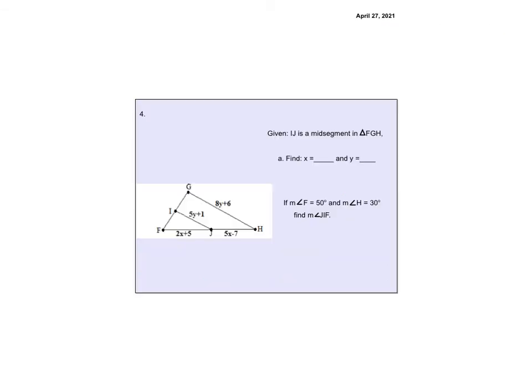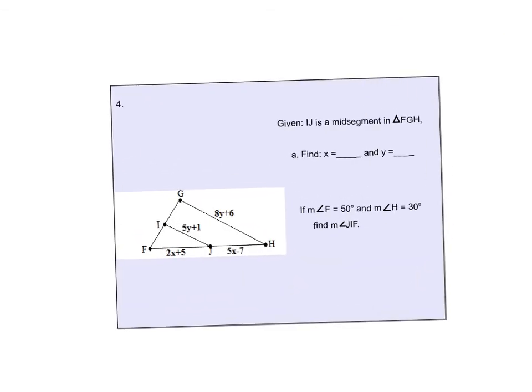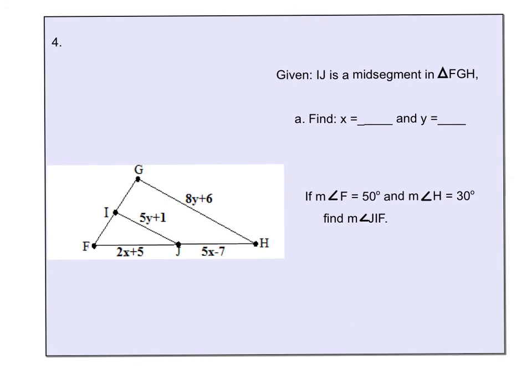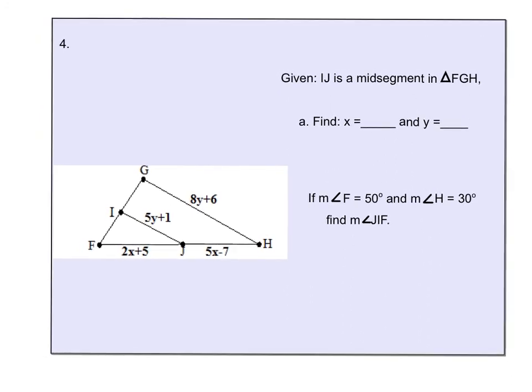Okay. So now let's take a look. This looks slightly more complicated. IJ is a midsegment of FJH. You need to figure out X and Y. So let's figure out X first. X is here and here.